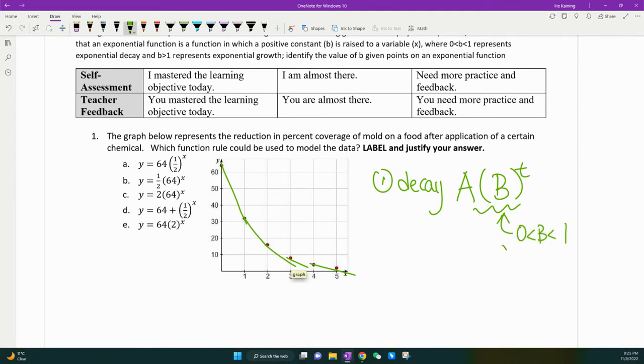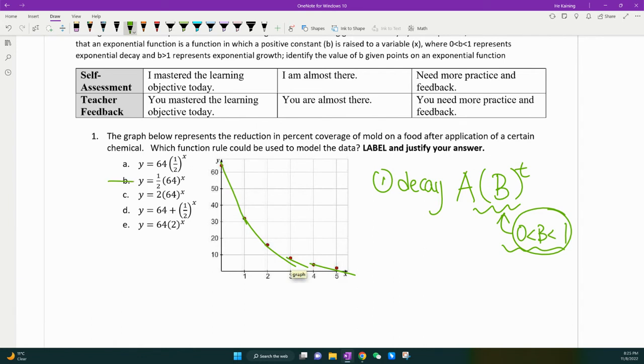Why is that? It's because we don't talk about negative numbers, and when B equals 0, that whole thing becomes 0. So B can't be equal to 0 or negative. As we're talking about decay, it has to be between 0 and 1, so we need to have a fraction.